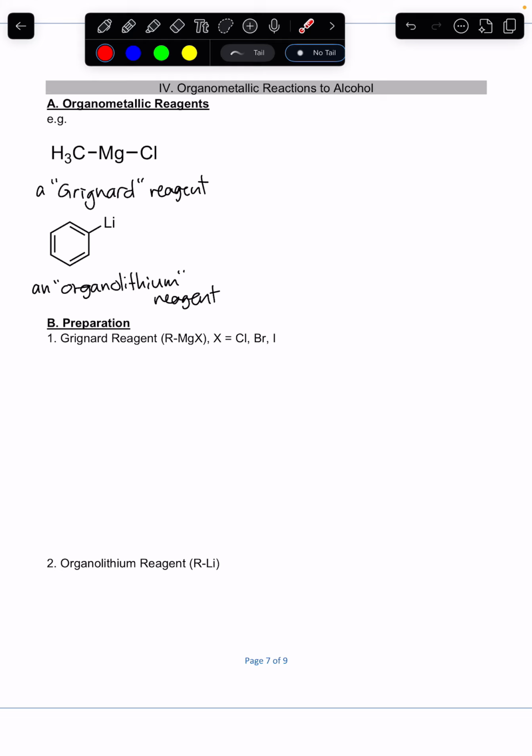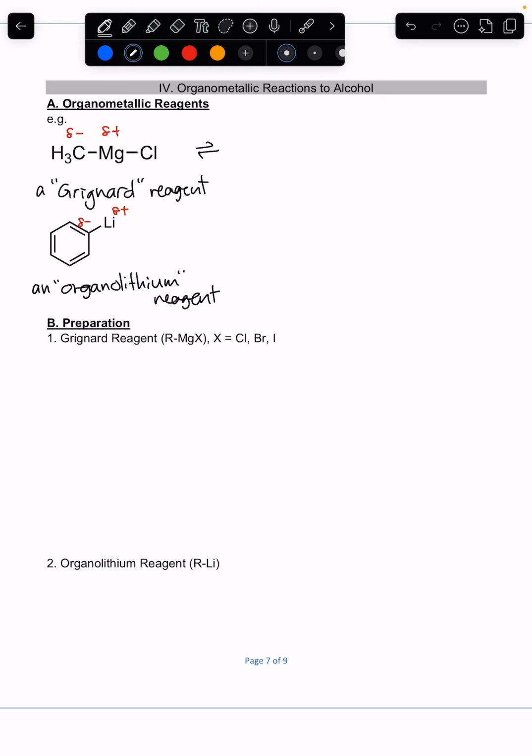And so for that reason, if you look at the polarity here, the metal is definitely partially positive, and it's the carbon that's going to have the partial negative charge, which is kind of unusual because so far we've only seen that carbons usually get the short end of the stick in terms of electron density when attached to other elements like oxygen or halogens. So here is a very much reversed situation.